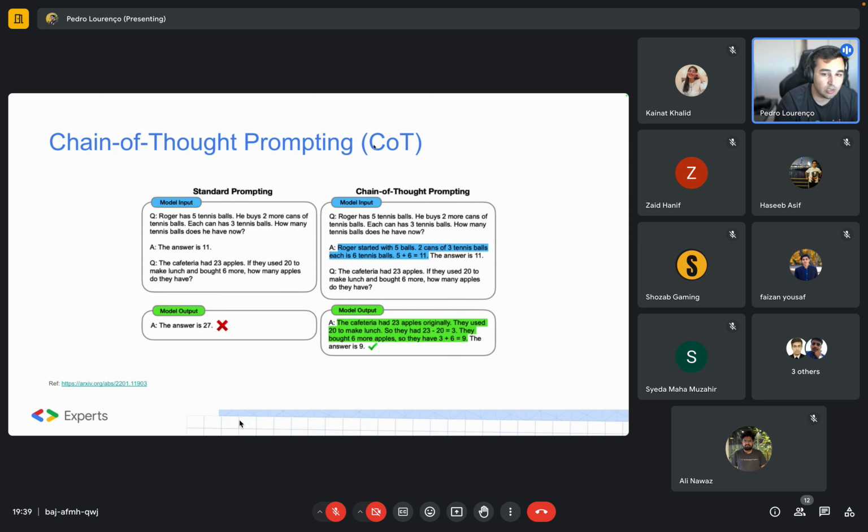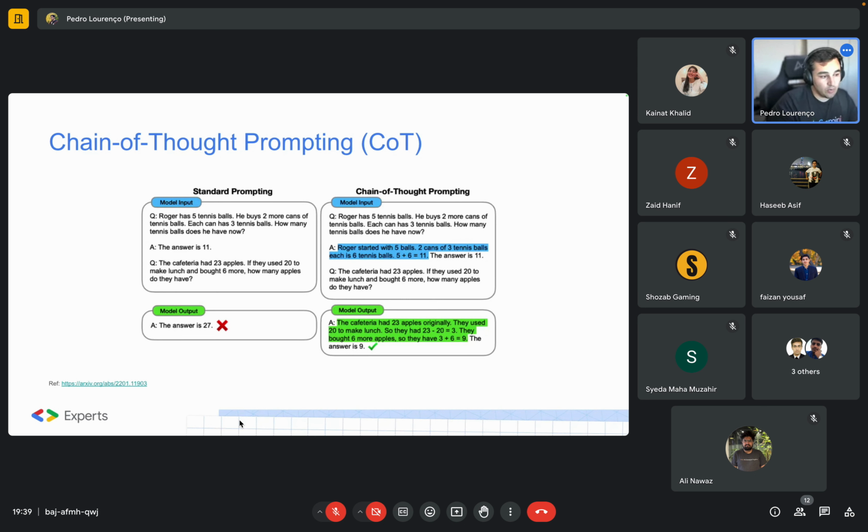Let me just give you a brief context. It's very useful for math problems and problems that require more reasoning, when the model needs to create mental relations between different entities of the prompt.